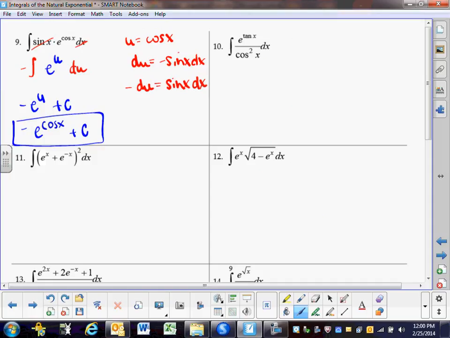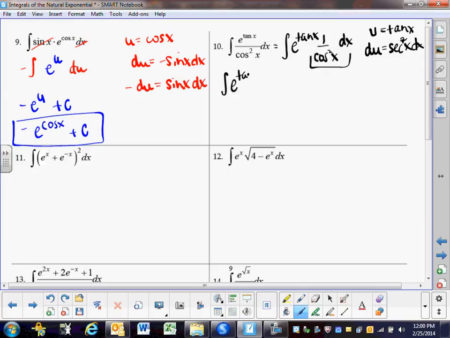Okay, number 10 tends to throw students off sometimes because of the way that it's written, but notice how e is not inside of something else. That means that u has to be tangent x, which means du is secant squared x dx. That is a good hint that I probably want to rewrite that cosine. So think about this as e to the tangent x, and then 1 over cosine squared x dx.